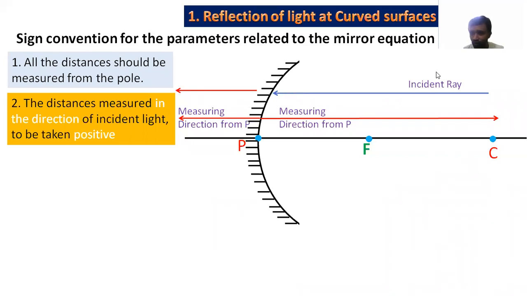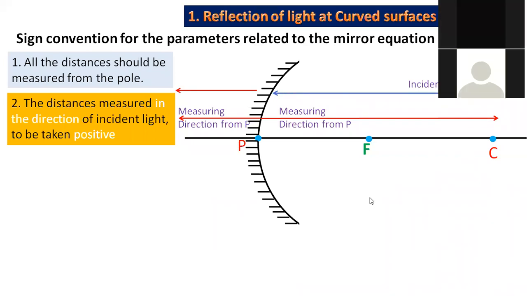Is it clear, everyone, why I showed only behind the mirror in the direction of the incident light ray? Because any parameter measured in the direction of the incident light ray is away from the pole, behind the mirror. Right? If it is in front of the mirror, you will get the opposite. So that's why I have taken it like this.